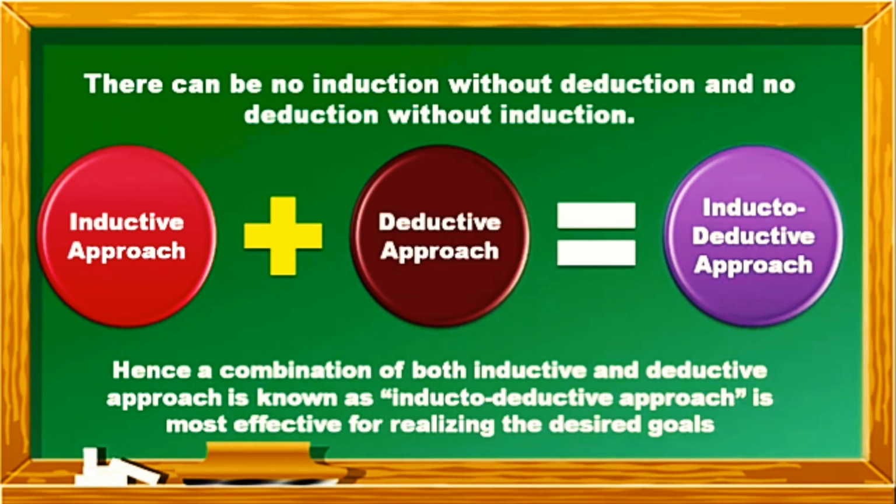Now, I am going to sum up the things we discussed previously. The inductive approach proceeds from particular example to general, and simple to complex. The deductive approach is vice versa: general to particular, and complex to simple.